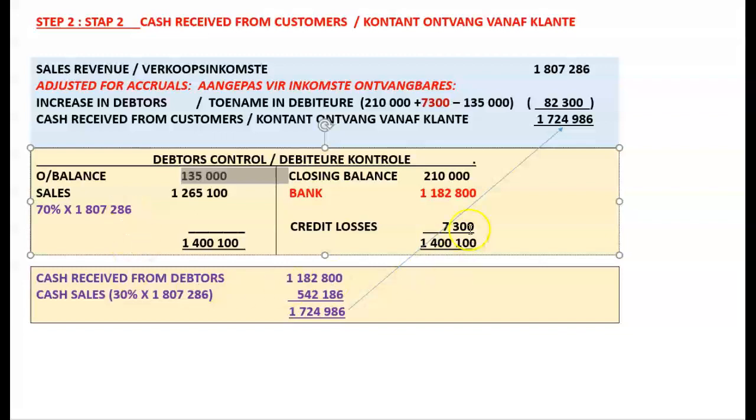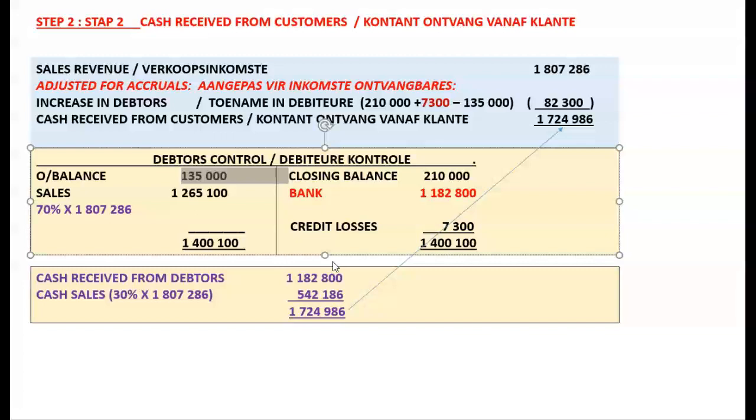If I did write off credit losses of 7,300, have I received the full 135,000 Rand? No, guys, I haven't. So therefore, I have to add back the 7,300 to the 210,000, and then I'm going to compare that to last year's 135,000 Rand.